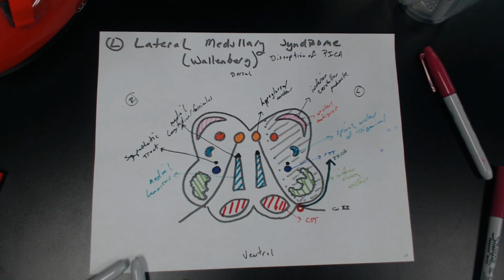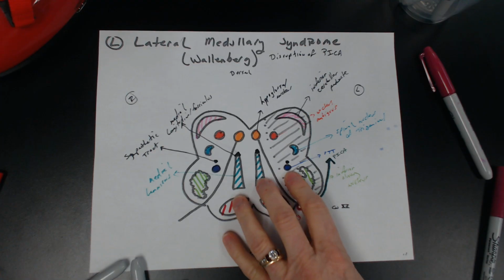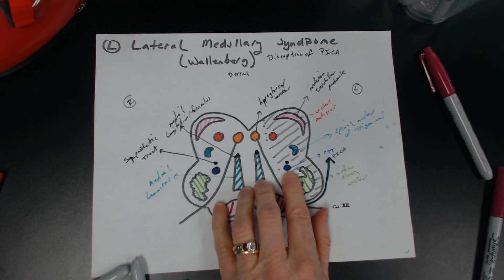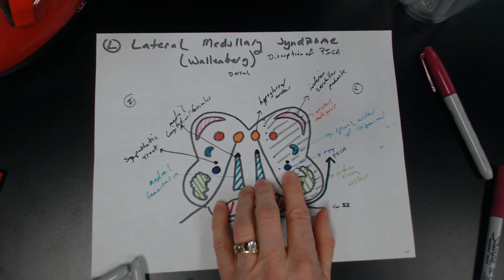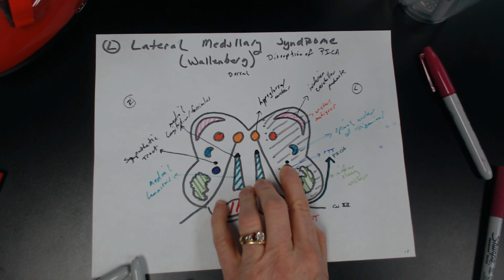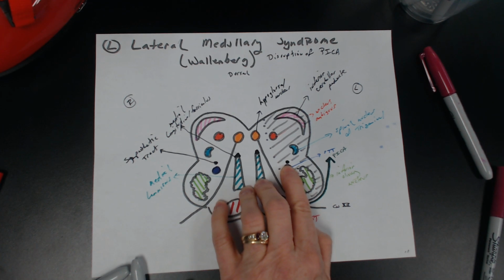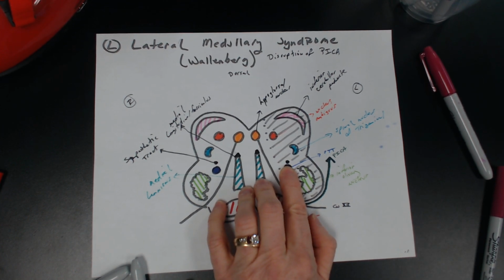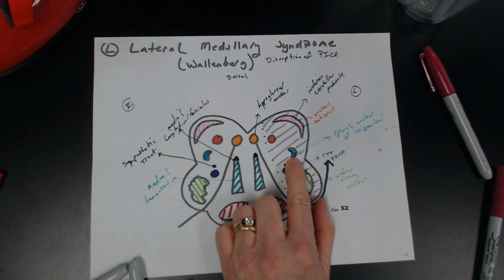Okay, so if we start with STT, how will that patient present if STT is disrupted here? Crude touch, pain, temperature. You got it. Sympathetic tract is affected. How will that patient present? Horner's: miosis, ptosis, anhidrosis. Spinal nucleus of trigeminal is affected.